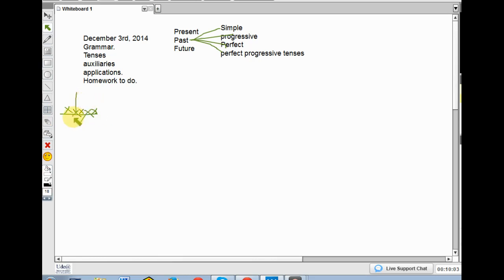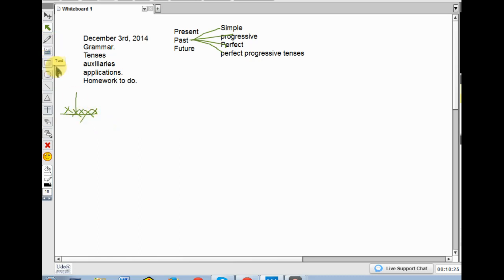Now, following this pattern, I want you to be creative, and I want you to be clever, and be original, and try to do different pictures about the other tenses. As I said, this is an example of a present simple.